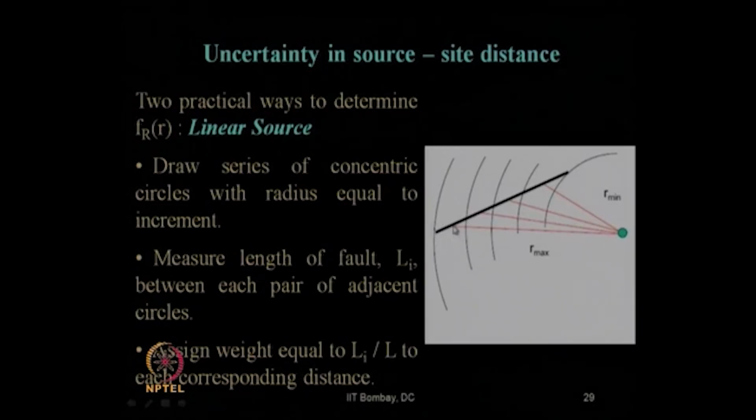Say this is L1, this is L2, this is L3, this is L4. So, L1 by total L for this one, L2 by total L for this one, L3 by total L, and L4 by total L. Now, if you know some weightage factor, that also you can add over here. This is considering the equal weightage.